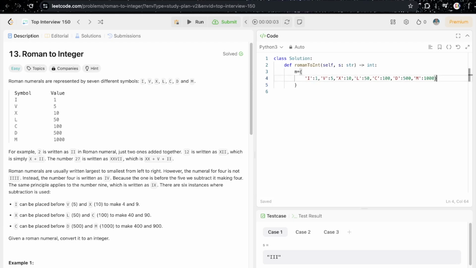So this is the map giving each Roman value its integral value.